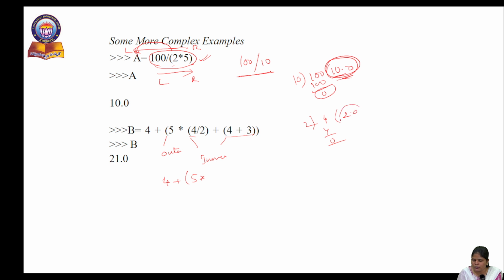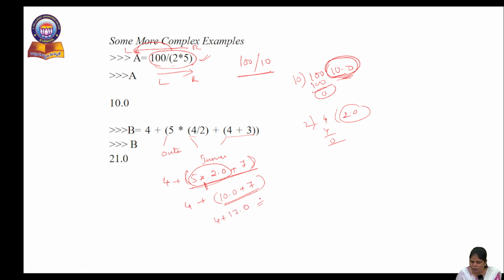So 2.0 is the output. And 4 plus 3 is 7. Now within the outer parenthesis, it will calculate the outer parenthesis expression. Into and plus, which has the highest priority? Into. So this value will be evaluated first: 5 into 2.0 is 10.0, plus 7, and now plus 4. This value will be evaluated again. So 4 plus 17.0.